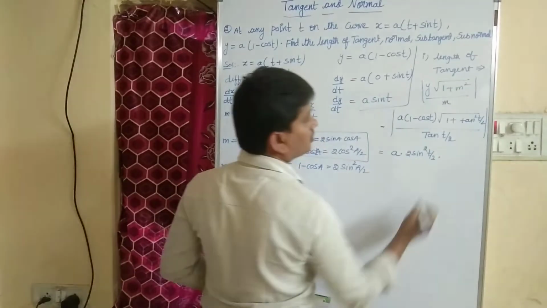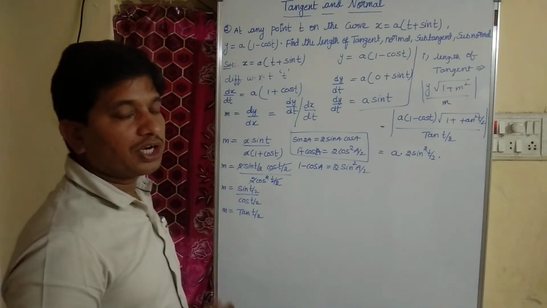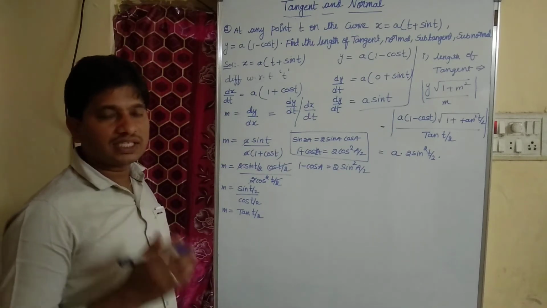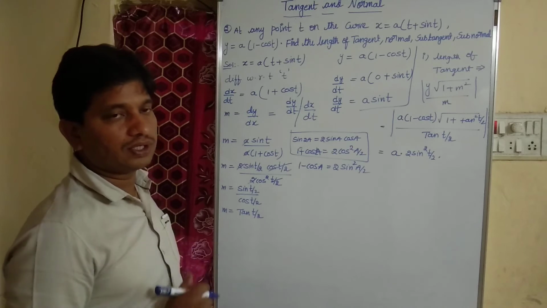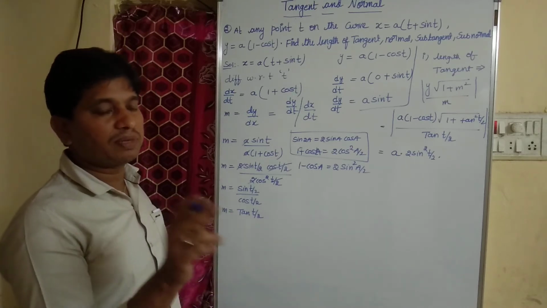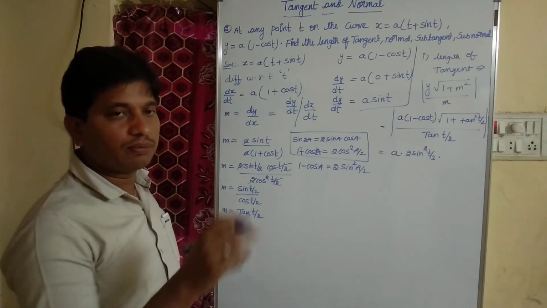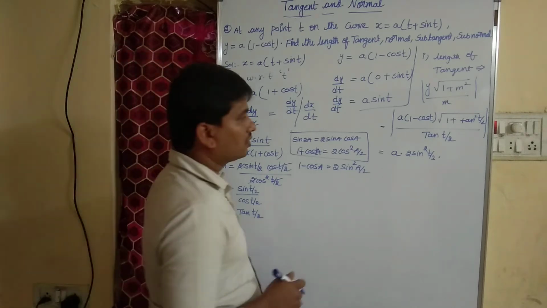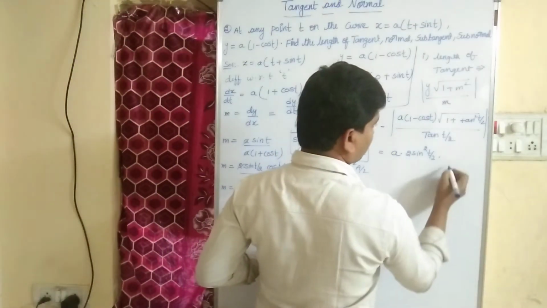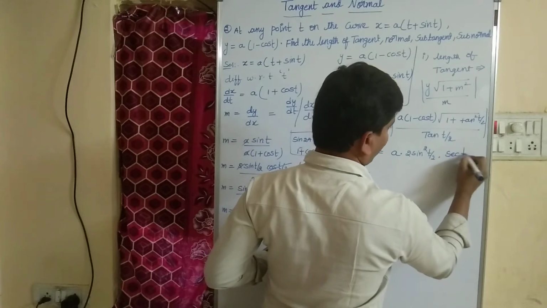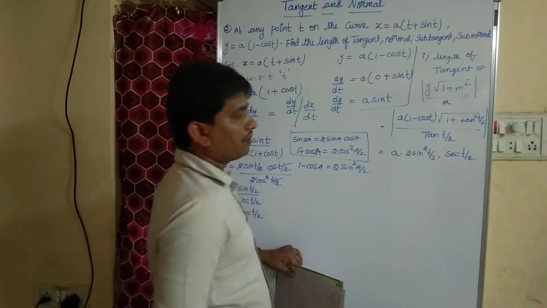We know that according to trigonometric second identity, sec square theta minus tan square theta is equal to 1. So sec square theta we can write as 1 plus tan square theta. So sec theta is nothing but root over 1 plus tan square. So root over 1 plus tan square t by 2 we can write as sec t by 2.